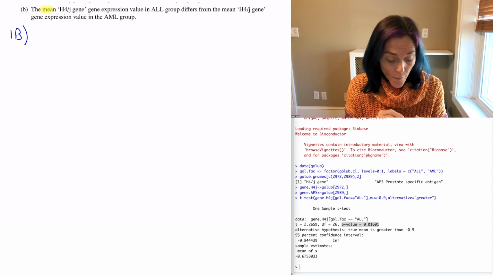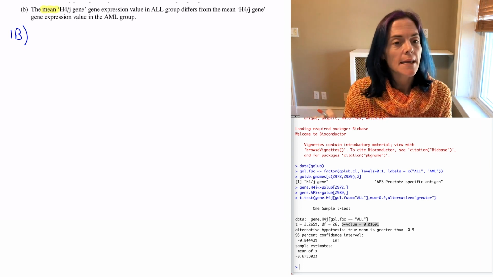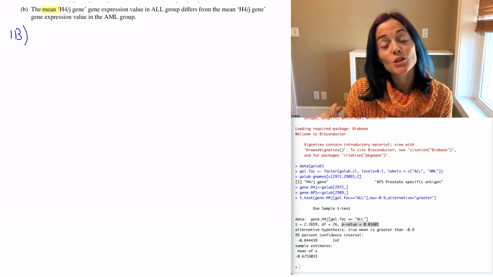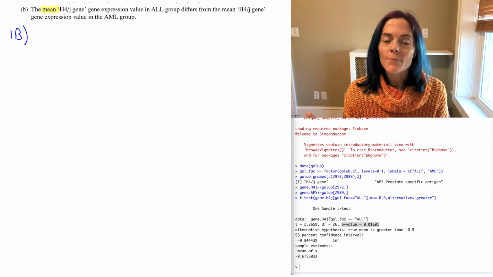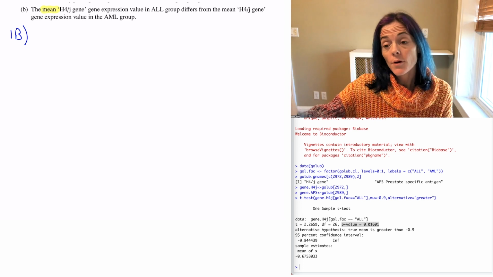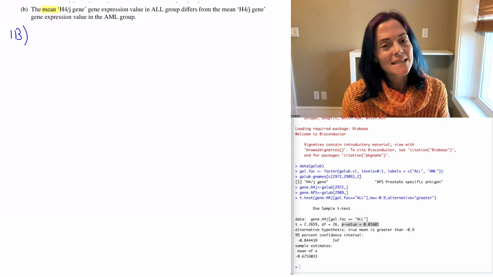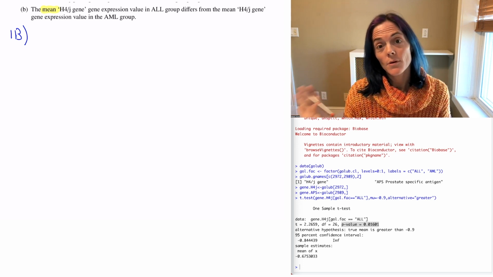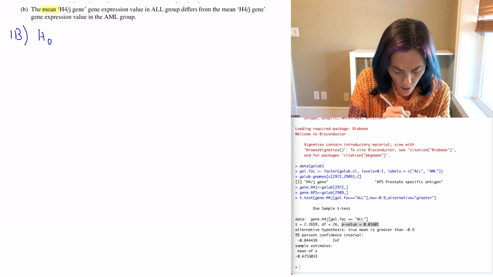One B. Well, you notice once again we have a mean in our claim, but this time we're comparing two different groups, ALL and AML. In the Golub data, there is a different number in ALL as compared to AML, and so we need to use a Welch two-sample t-test. But first, let's set up our null hypothesis and alternative hypothesis.